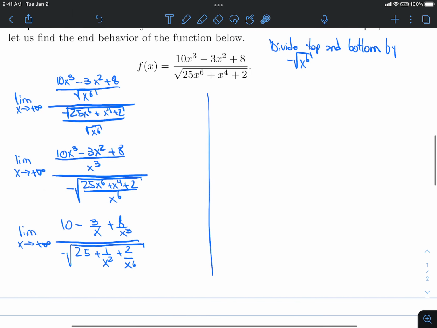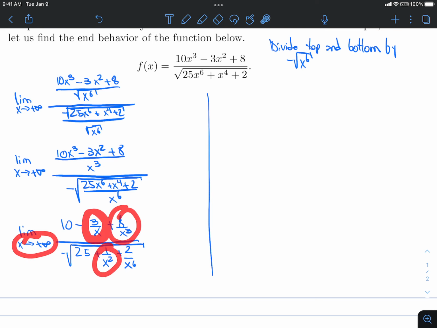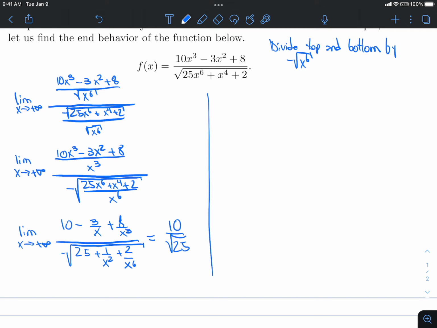And now recall, this x is getting bigger and bigger and bigger. 3 divided by something big is 0, that's 0, that's 0, and that's 0. All of these are 0. All that's left is 10 over root 25. So that's 10 over 5, which is 2.